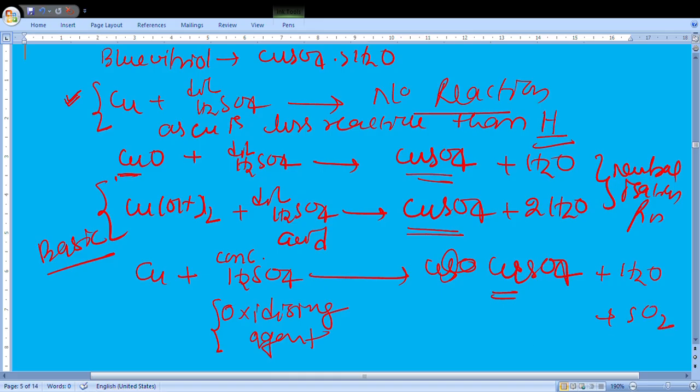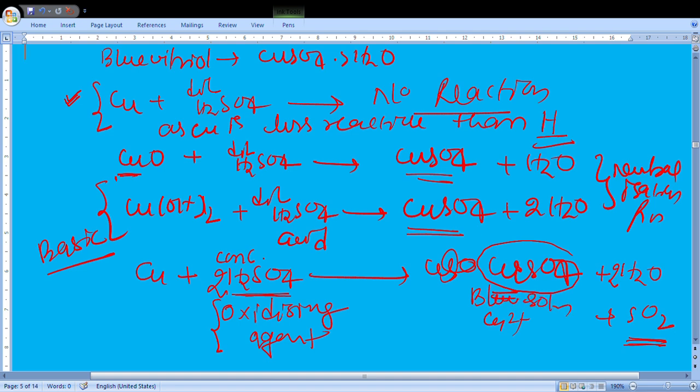The SO2 is the reduced form of H2SO4 here. So H2SO4 undergoes reduction to form SO2 and also causes oxidation of Cu into Cu2+. The Cu2+ gets oxidized by concentrated H2SO4. So you need to take 2H2SO4 and 2H2O. Why 2H2SO4? Because Cu2+ will be formed as CuSO4, a blue solution.